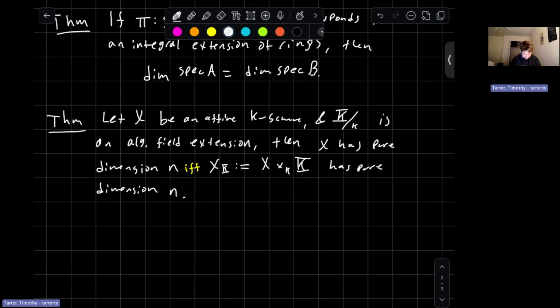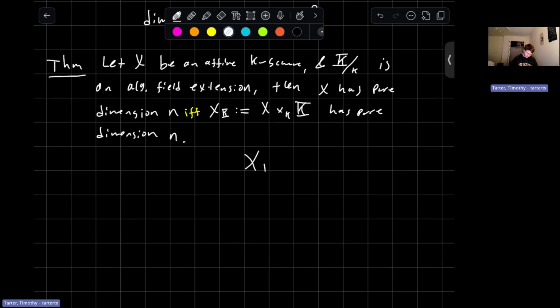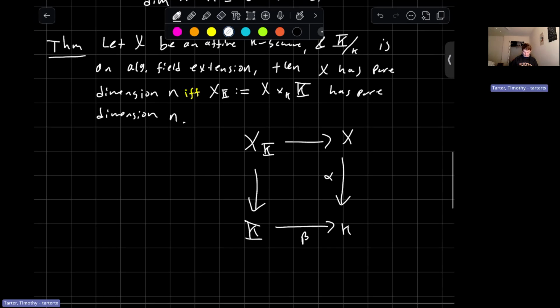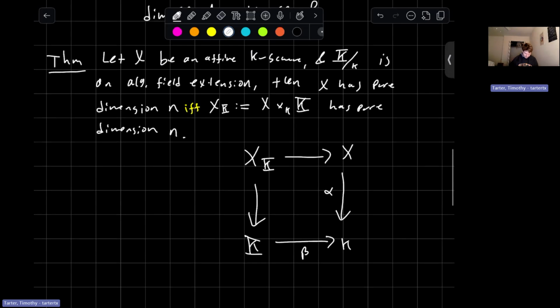So we're saying that if X decomposes into pure dimension n, then the fibered product, so we have X_K going into X, going into spec K, going into spec k, with maps alpha and beta, so this is all of the pairs factoring through the product of things that agree, has pure dimension n.